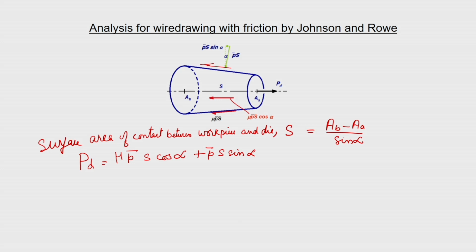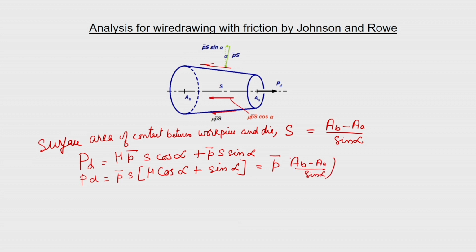Okay. So, from that we can write P d is equal to P bar into S into (mu cos alpha plus sin alpha). If you substitute for S, that is P bar into (AB minus A) by sin alpha, into (mu cos alpha plus sin alpha).